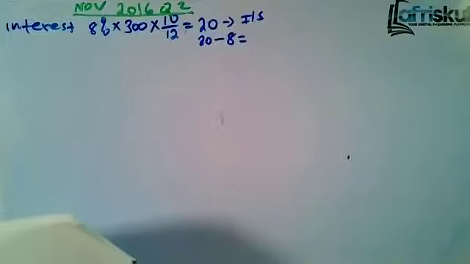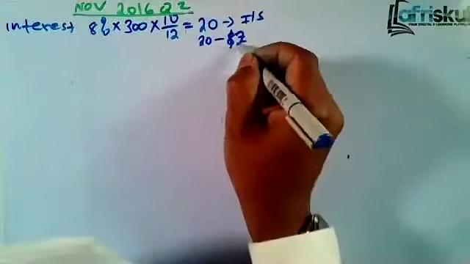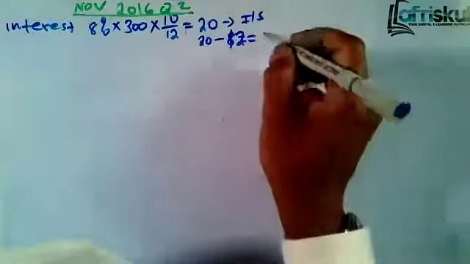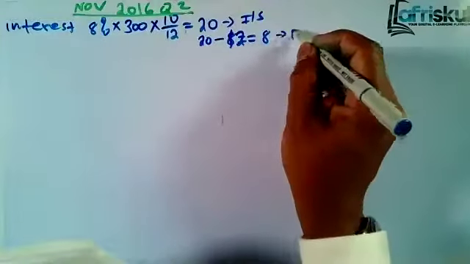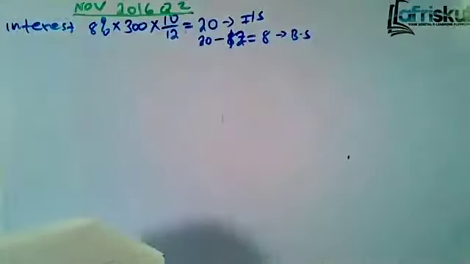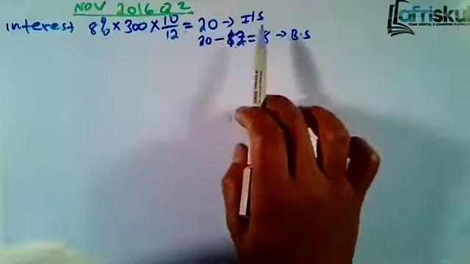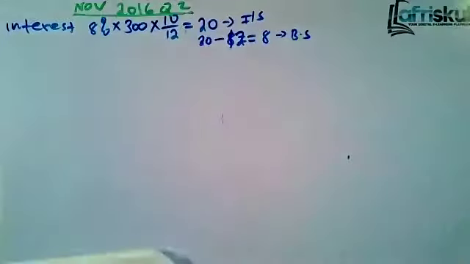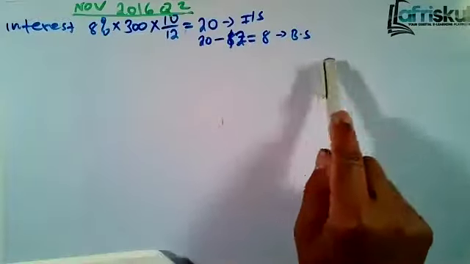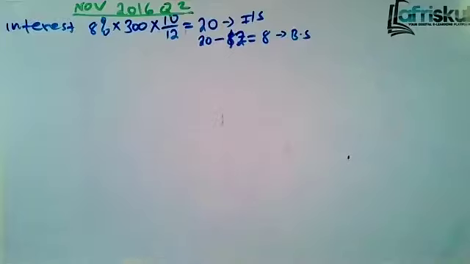Yes, the interest paid was 12. So that means you have a balance of 8. So this one you take to the balance sheet as part of current liabilities. The 20, you take to the income statement, the whole amount of 20. Remember, you account using the accrual basis. Of the 20, we only paid 12, so the 8 you take to the balance sheet as part of current liabilities.